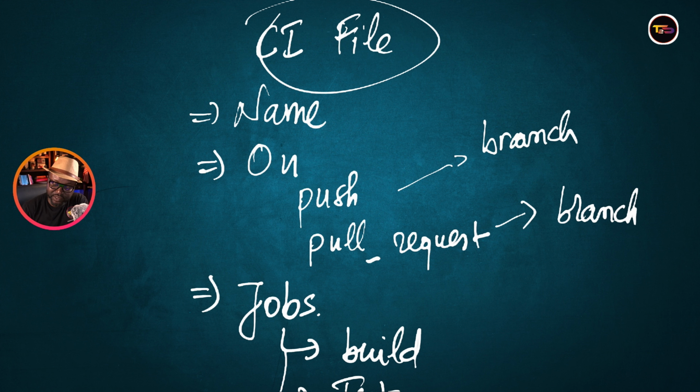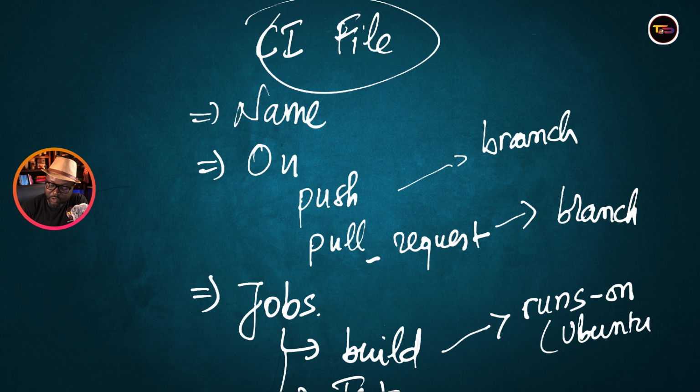But each job is going to need what platform to run on. So that's why you use the runs-on, which could be Ubuntu, it could be Windows, and so on, macOS, I think. So that's the first thing.